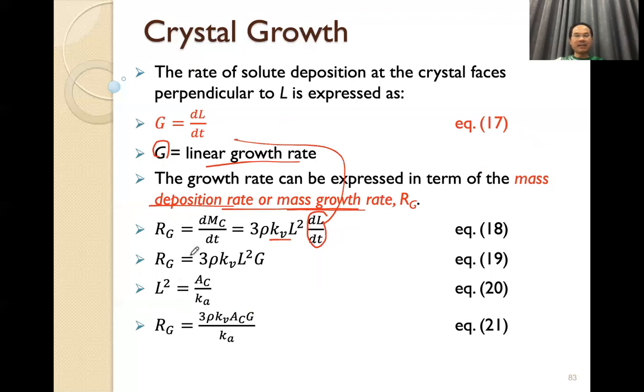That means Rg equals 3 ρ kv L² G, where L² equals Ac divided by ka, the surface area of the crystal divided by the area shape factor. And also you can express G in terms of area shape factor and volume shape factor.